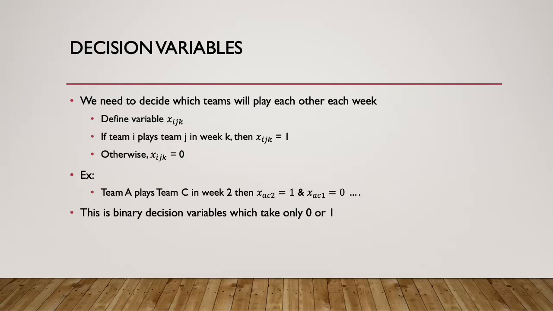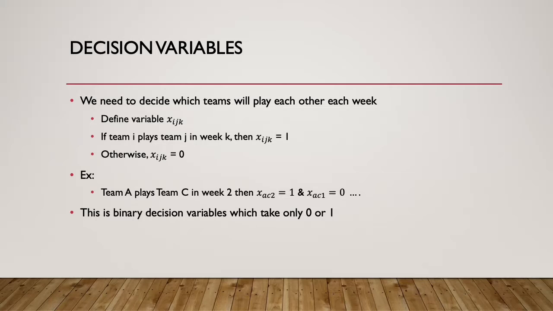Next, the decision variables. Here the decision variables are which team plays against which team, and we need to decide which teams play each other in each week. So we define the variable xijk, where i stands for team i, j is team j, and k is a slot. If team i plays with team j in slot k, then xijk is going to be 1, or otherwise, if the team is not playing in that slot, the variable is set to 0.